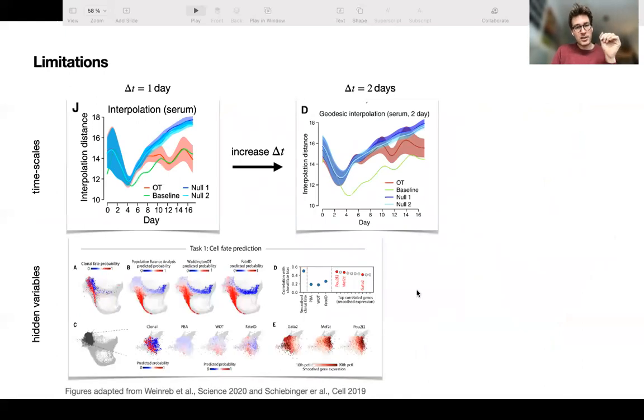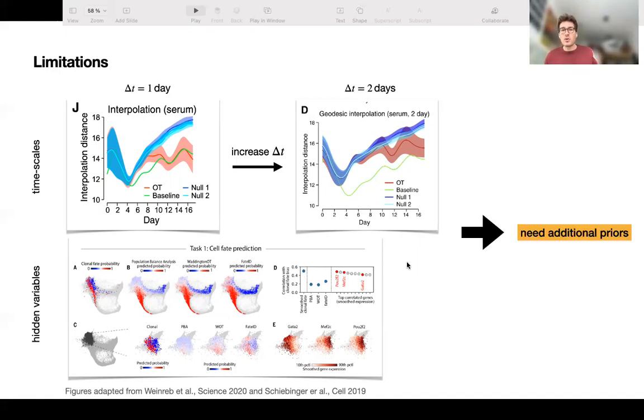And the other limitation is that if there are hidden variables, so say the lineage priming at the earliest time point is actually not established on the gene expression layer, but potentially on an epigenetic layer, then this is not contained in the data that you sequence in a single-cell RNA-seq experiment. And so you may not be able to make this fate prediction very well based on just linking gene expression profiles together. And this has also been shown before in this paper by Caleb Weinreb from Allon Klein's lab.